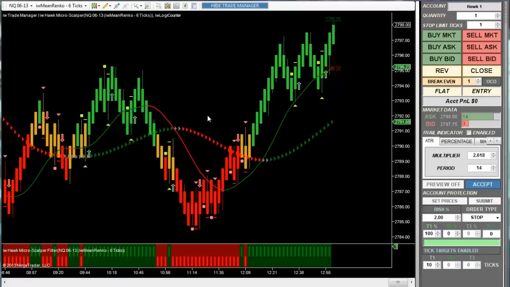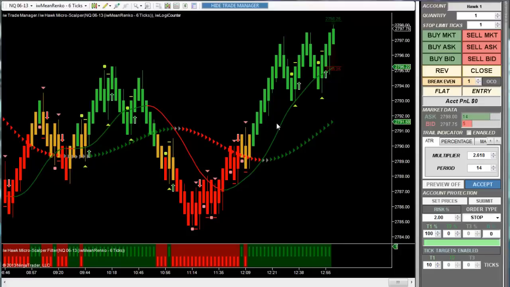What we have right here is the Hawk Micro-Scalper. The way the signal develops is in four stages. What I mean is we are looking for four things to be in sync before we generate a buy or a sell signal.